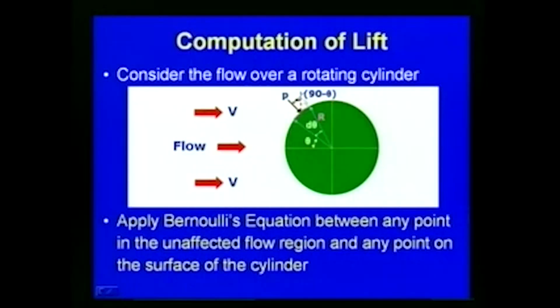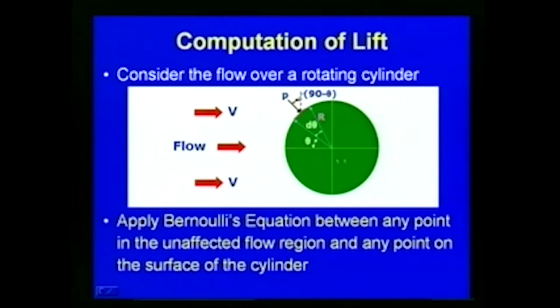Let us compute the lift for the case of a flow over a rotating cylinder. Here the cylinder is of radius r and it is rotating in this direction, and a free stream flow with velocity V is coming in this direction.